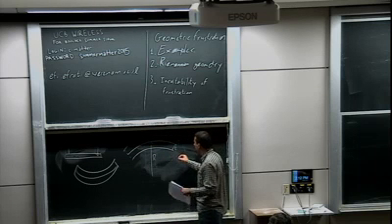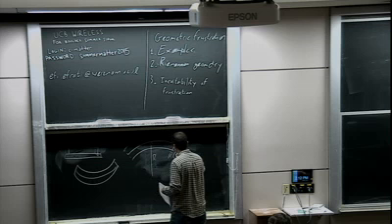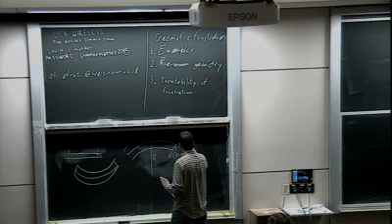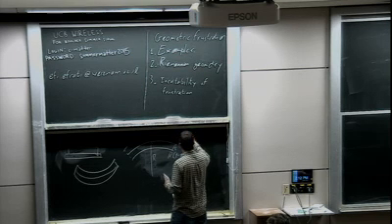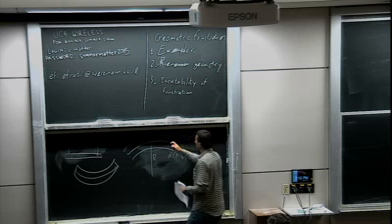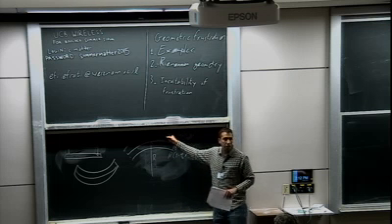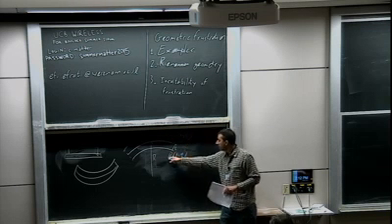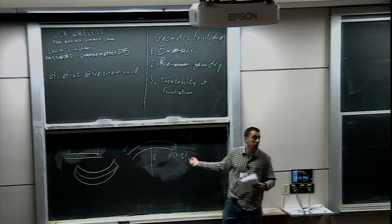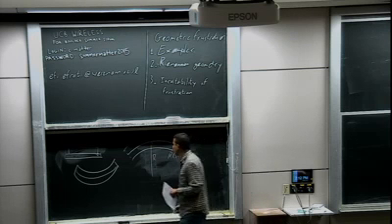This has shrunk by a factor r times (1 minus alpha over 2), and this is r times (1 plus alpha over 2). So this one is longer by a factor of 1 plus alpha over 2, and this one is shorter by a factor of 1 minus alpha over 2. That's all that's happened.